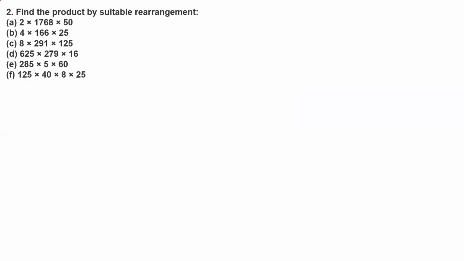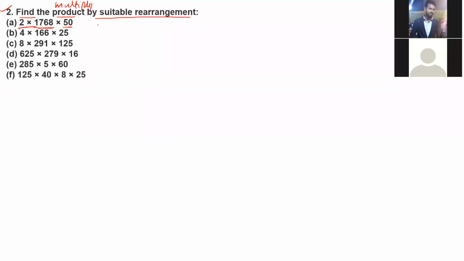Question second. So start with question second now. Find the product by suitable arrangement. Now in this question we have to find the product. Product means multiply, okay? By suitable arrangement. Now 2 into 1768 into 50. So what I am going to do is I'm going to multiply 2 into 50 then into 1768.